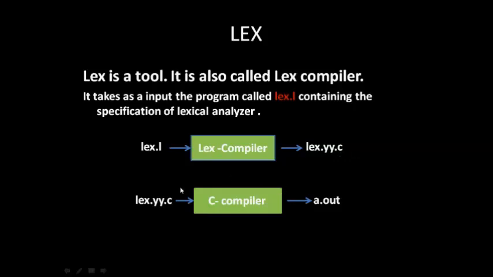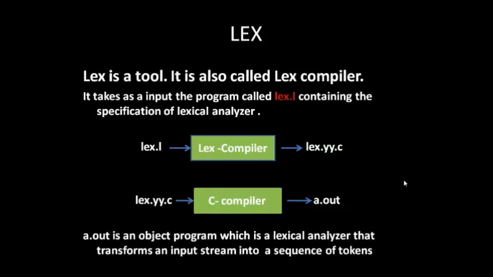And when this C program lex.yy.c runs on the C compiler, it gives a.out as an output, and this a.out is an object program which is a lexical analyzer, and it transforms the input stream into a sequence of tokens.